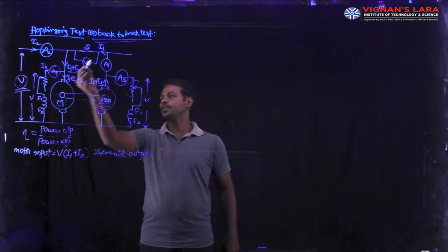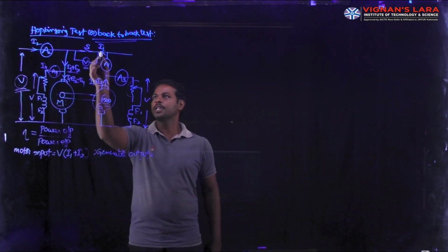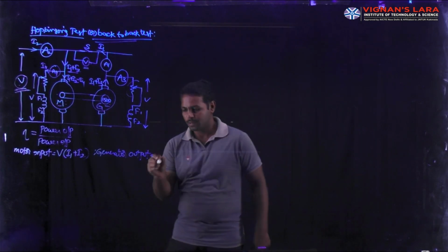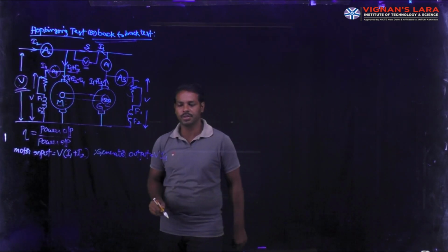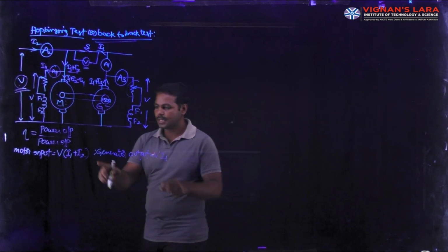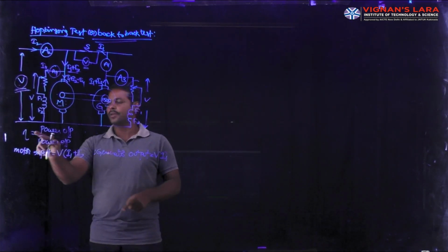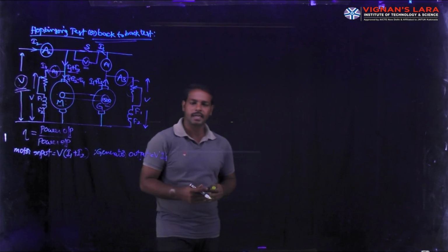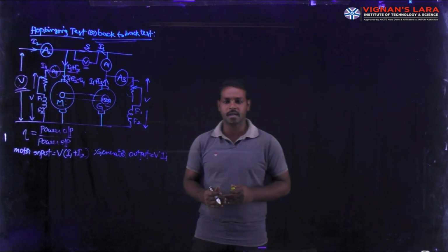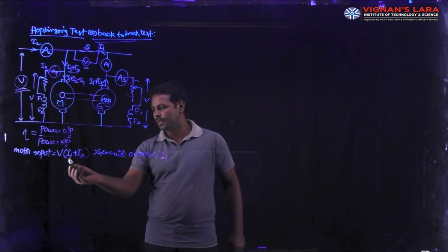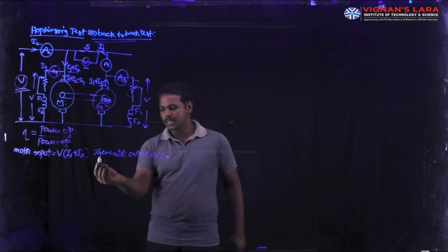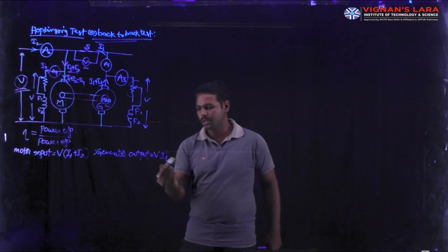Whatever current is given to the motor is denoted by I1, so the generator output is V into I1. Based on these two expressions we can find the efficiency of either generator or motor. Motor input is V into (I1 plus I2) and generator output is V into I1.